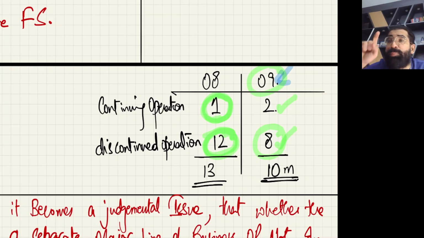It's better you came out of it. Just see the profits: last year this discontinued operation made $12 million, and this year only $8 million. So this was a very good decision. That's why the standard has ordered us to show comparatives with discontinued operation.